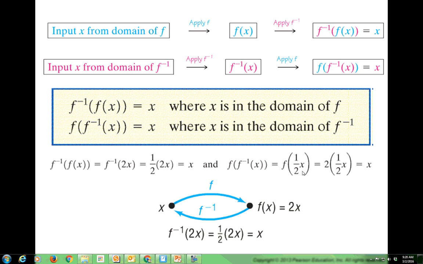Vice versa is also true. If my original function is 2x, and I put in 1/2 x, I will get out just x. So this is a way to test if you have the true inverse. If you plug the original equation into your inverse, and you get just x out, everything cancels, then you have a true inverse.